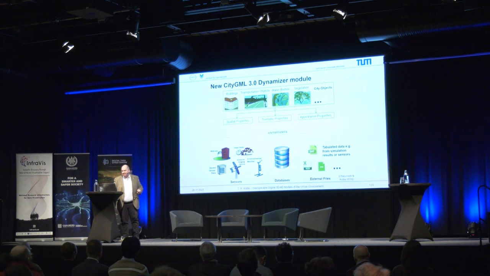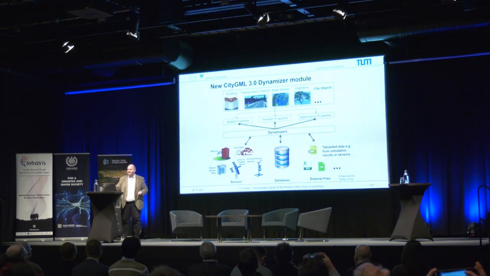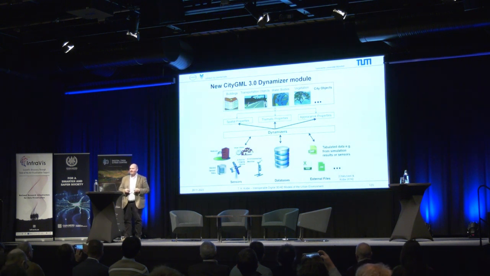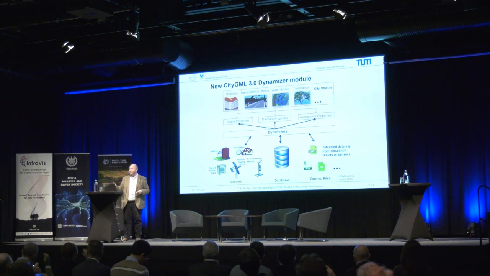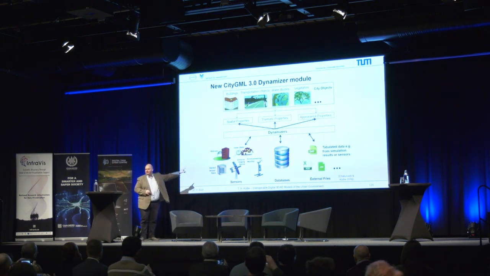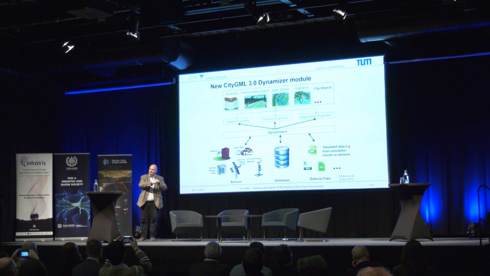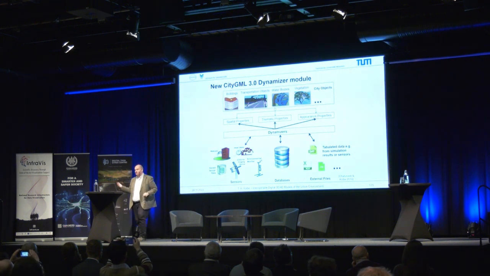And now the idea is basically we connect them. So we simply say, okay, one specific object, for example that building, has a property called energy consumption. But that energy consumption is not stored in the CityGML file, but is provided by one specific smart meter. So that allows you in the city model to make an explicit link between an individual object property and some time series data that is maybe stored somewhere else.